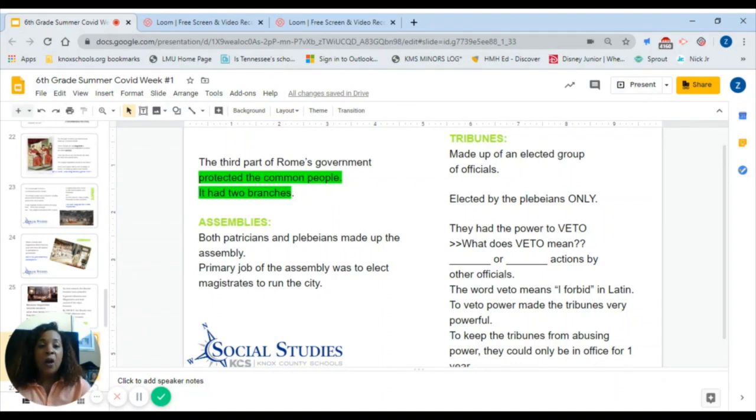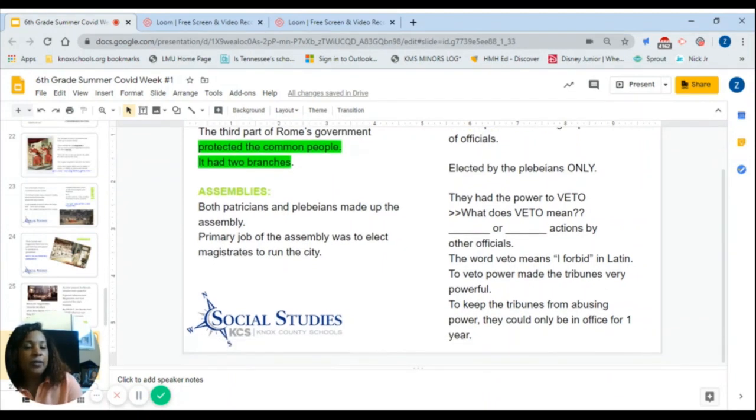They had the power to veto. What does veto mean? To cancel, to stop actions by other officials. The word veto means I forbid in Latin. The veto power made the tribunes very powerful.